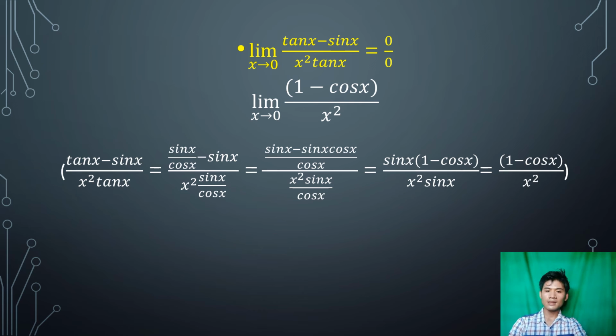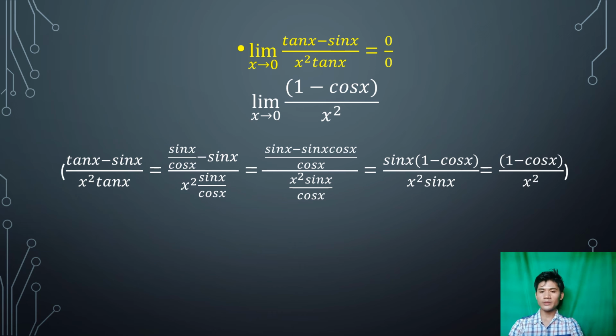So we have tangent x minus sine x all over x squared tangent x. We all know that tangent x is equal to sine x over cosine x, so just simply replace tangent x. So we have sine x over cosine x minus sine x, all over x squared times sine x over cosine x.